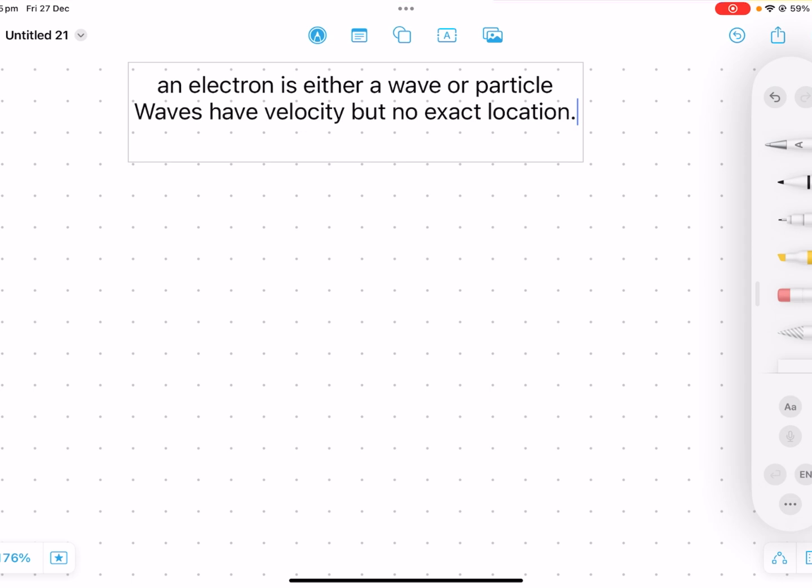Okay, how do I enter this? Yes, here we go. And particles have location but no velocity. How do I enter this now?